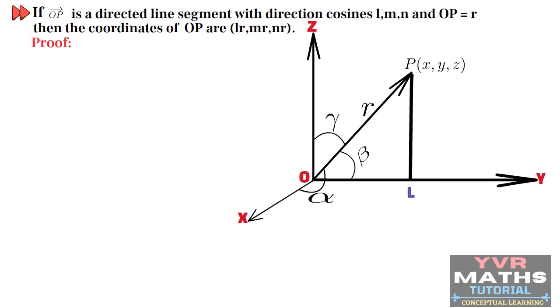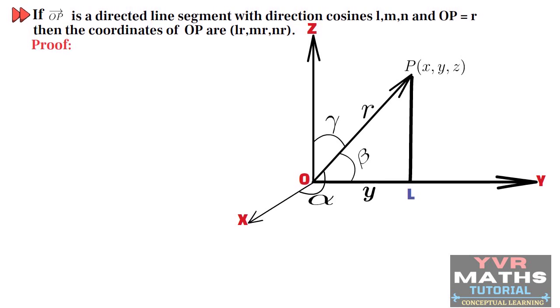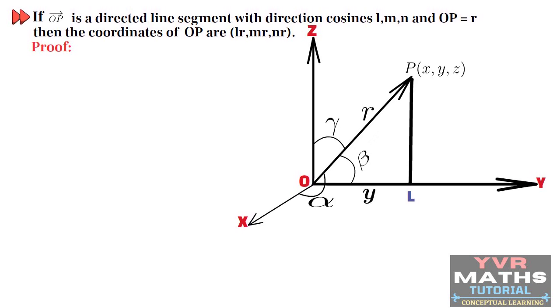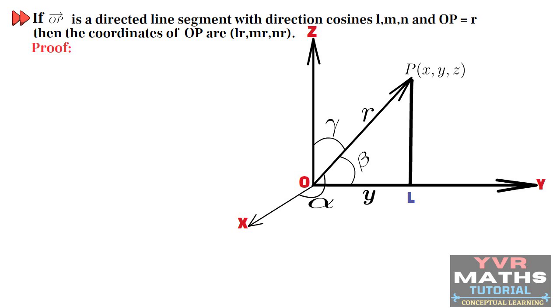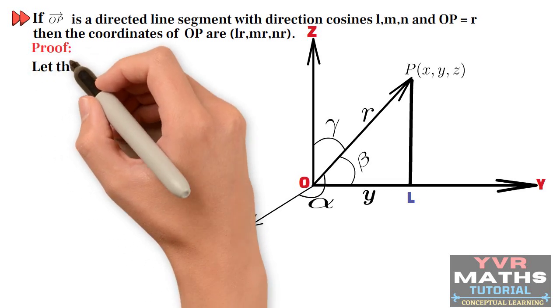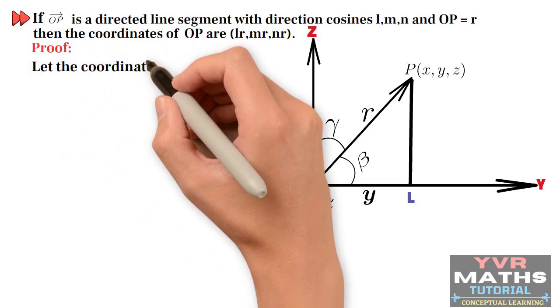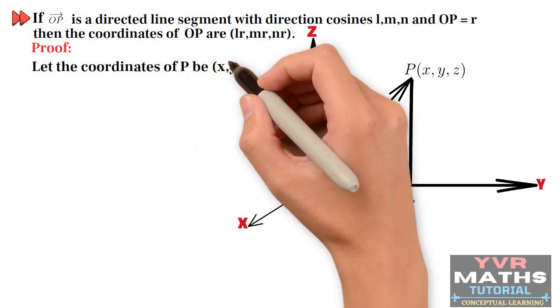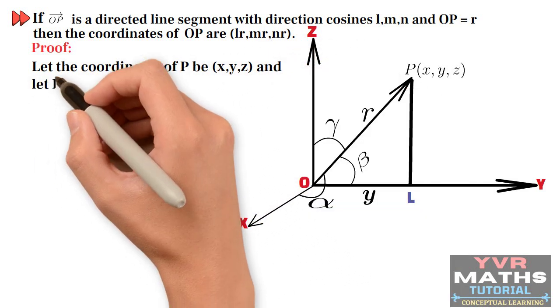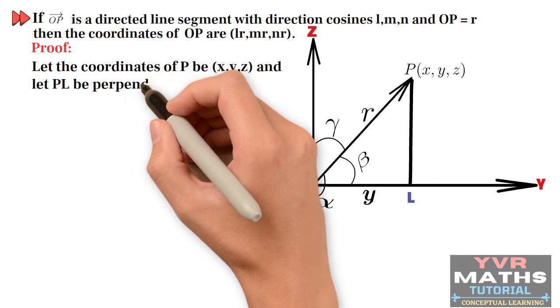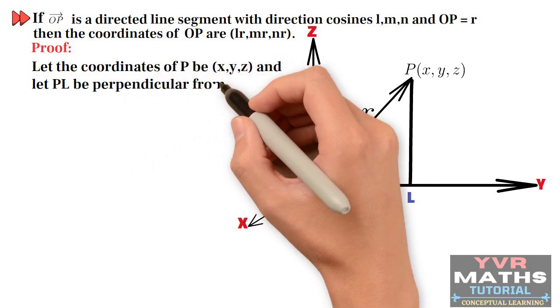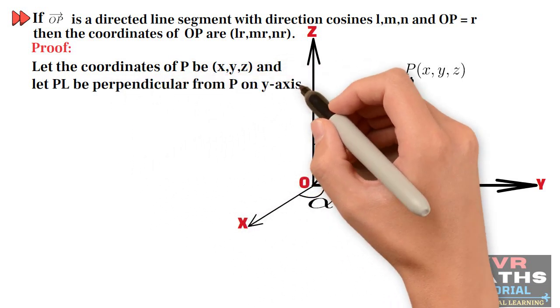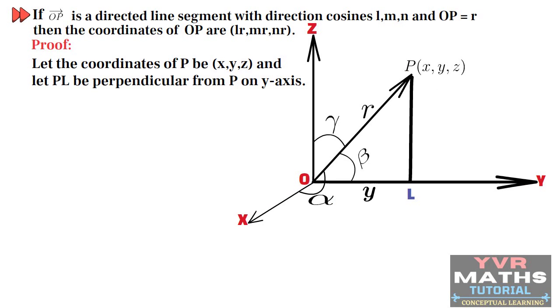Then the distance from O to L is y units. Now I will discuss this diagram in a descriptive way. Let the coordinates of P be x, y, z, and let PL be the perpendicular from P on the y-axis.